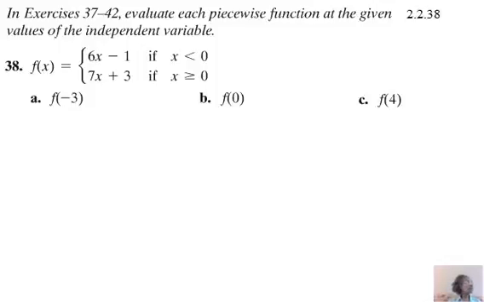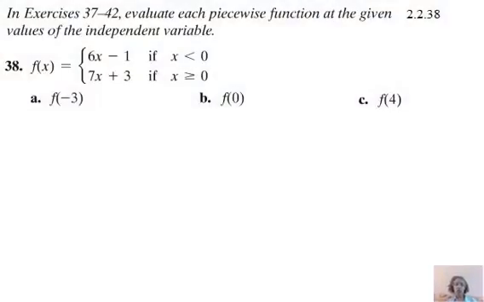So in this case, if x is less than 0, the function equals 6x minus 1, and if x is greater than or equal to 0, the function equals 7x plus 3. So we're asked to find f of negative 3.